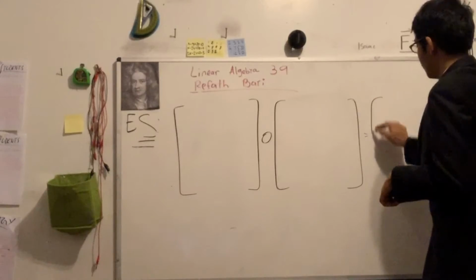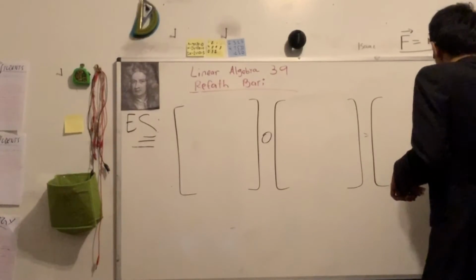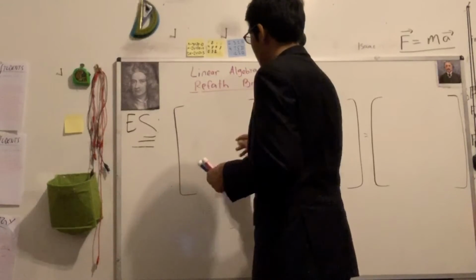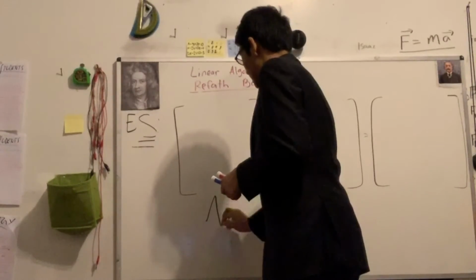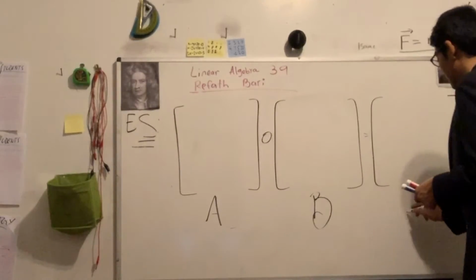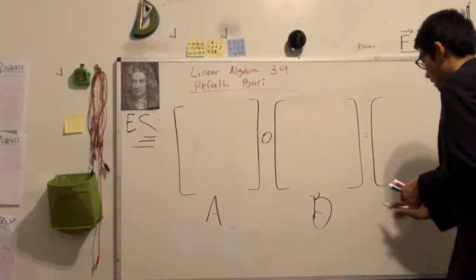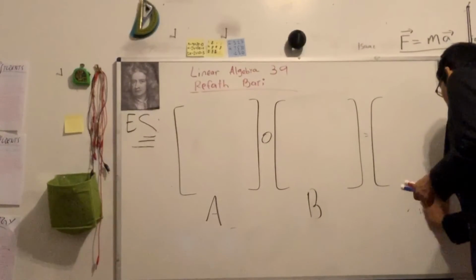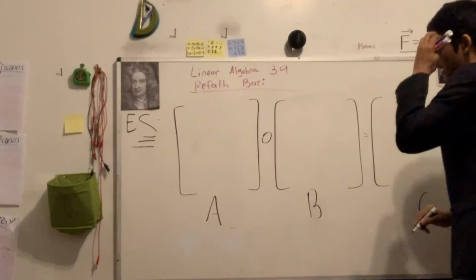I'm just setting it up here. Let me call this matrix A, let me call this matrix B, and I'll call this matrix AB. Or as a matter of fact, to make life easier for you, I'll call it C.